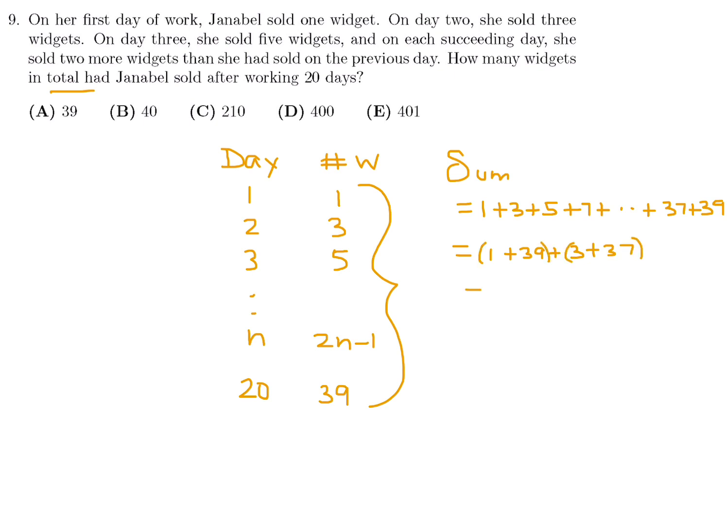That just makes it easier. And each of these is 40. Now you have to figure out how many of these there are. Well, there were numbers from 1 to 39, so that's basically 20 numbers. And I paired them up, so each pair has 2. So 20 numbers, 10 pairs. And each pair is worth 40. So it's 10 times 40, which is 400. So number 9, the answer is D.